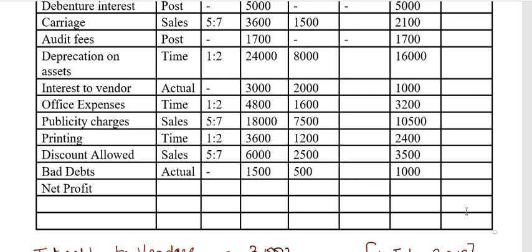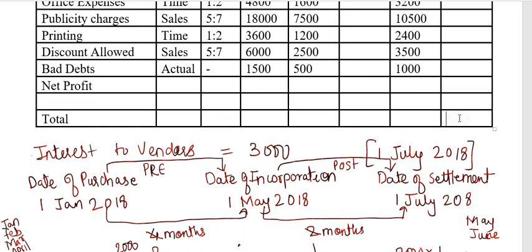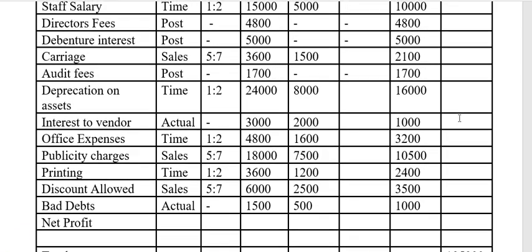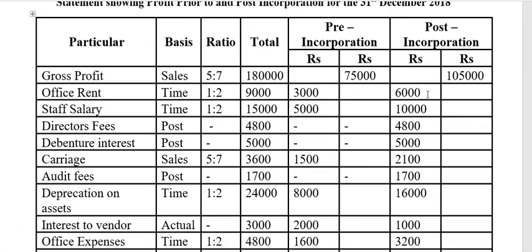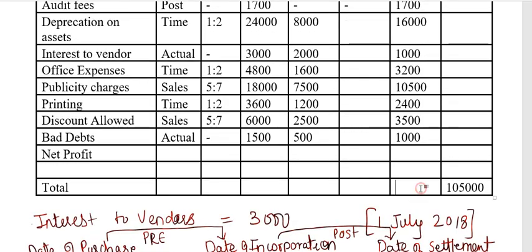Post-incorporation credit side is 1,05,000, and the total of the debit side of post-incorporation is less.